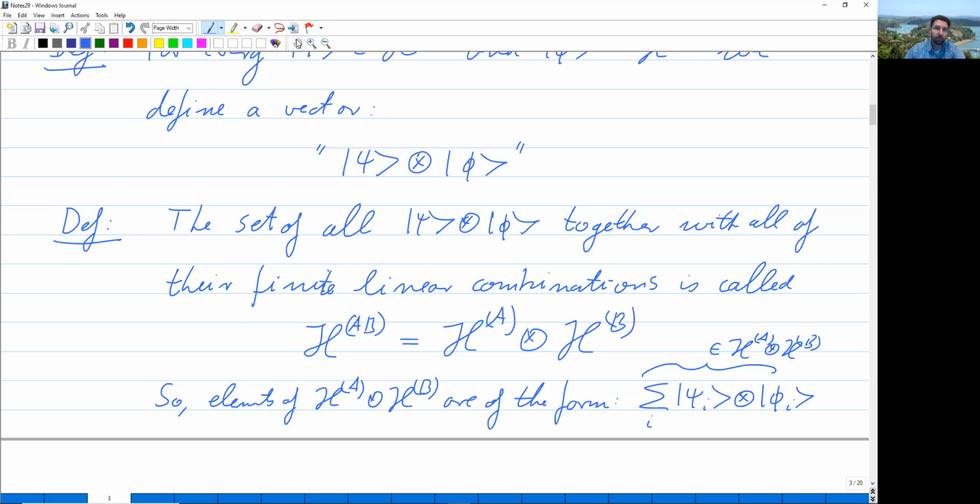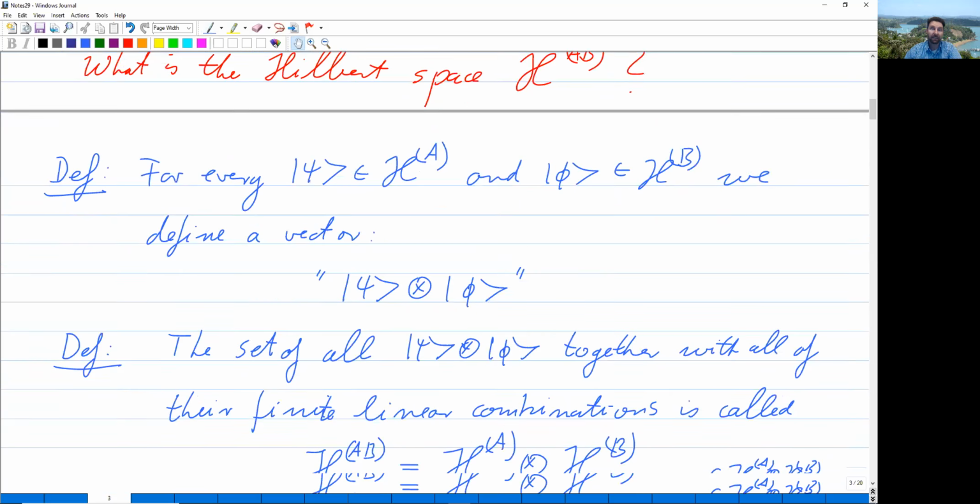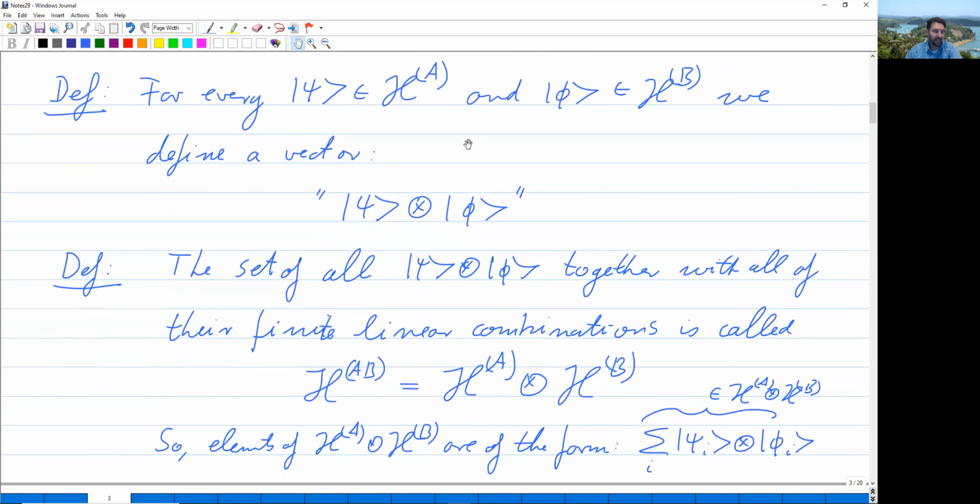All right, so far, this is simply saying that if we have a state or a vector of one system and a state, correspondingly a vector, of the other system, then the total system could be described by having the one vector and the other vector, right? So we have to invent some symbol to say that we consider both of them, and that symbol is this tensor product symbol here.